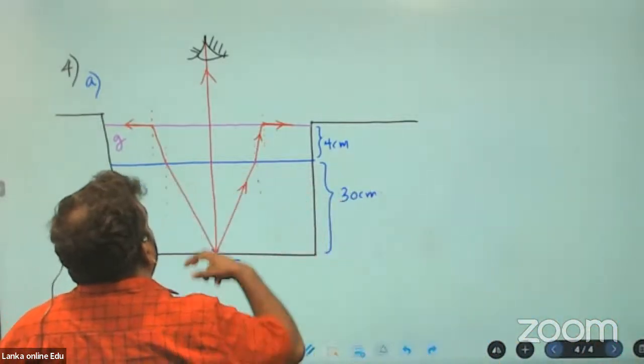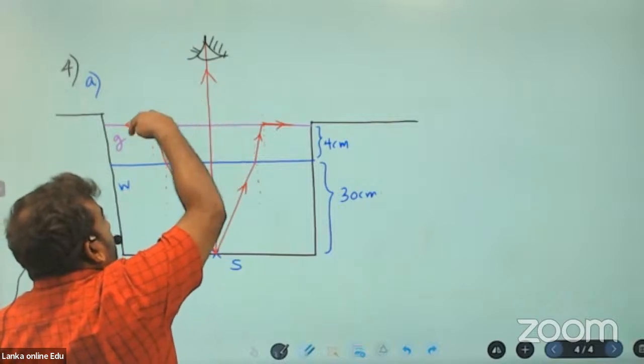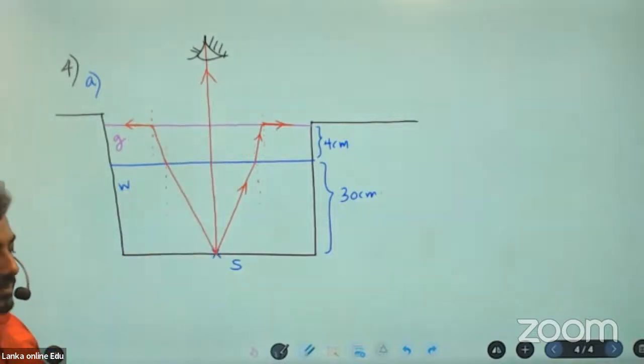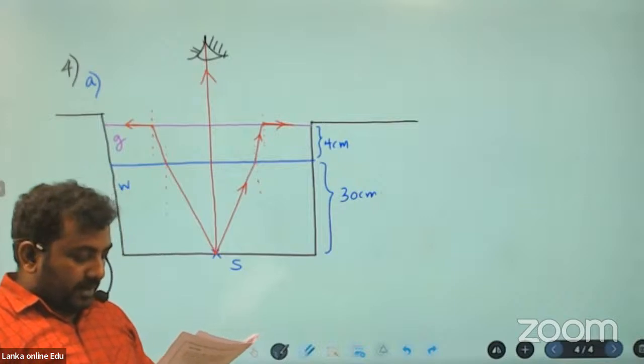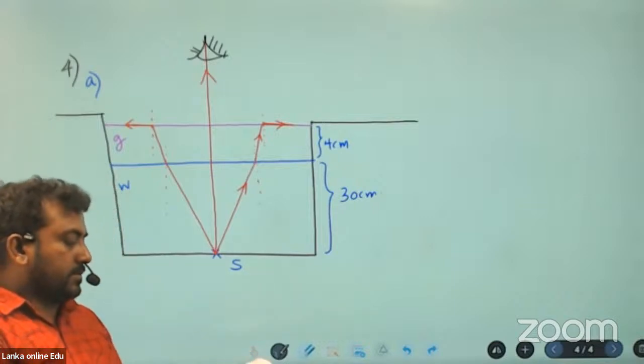Therefore, when viewed from top, we can see a circular patch.